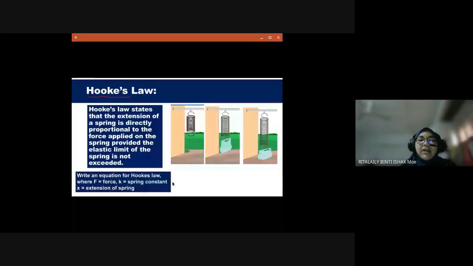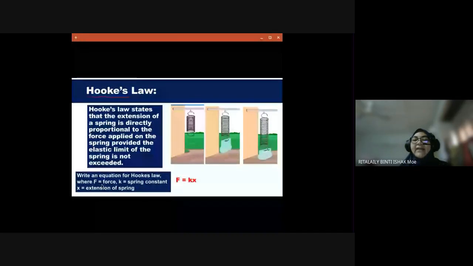So Hooke's law, the equation of Hooke's law is F equals Kx, where F is the force exerted onto the spring, K is the spring constant, and x is the extension of the spring.